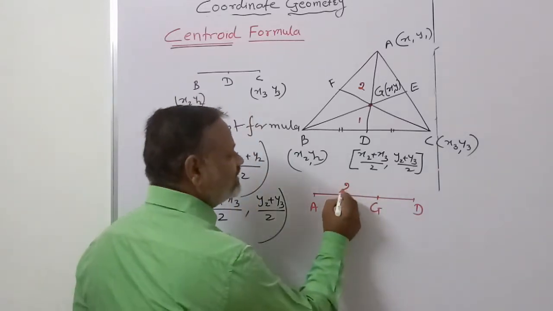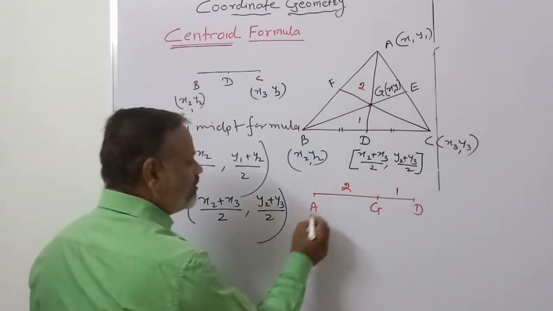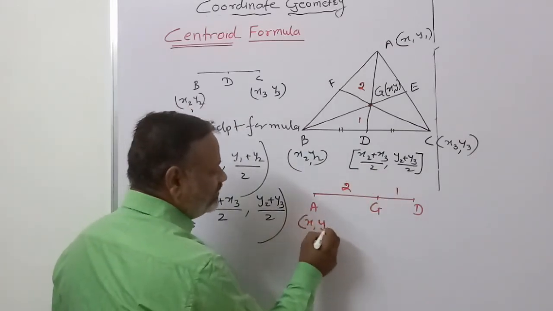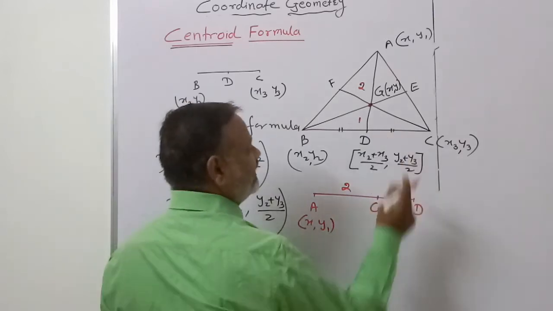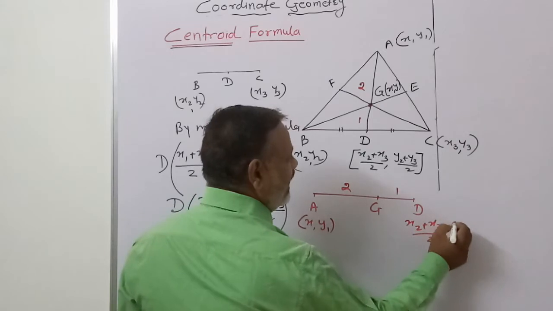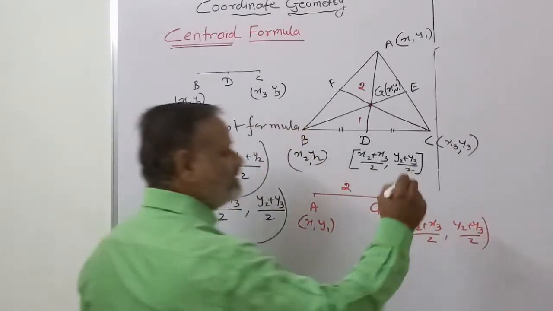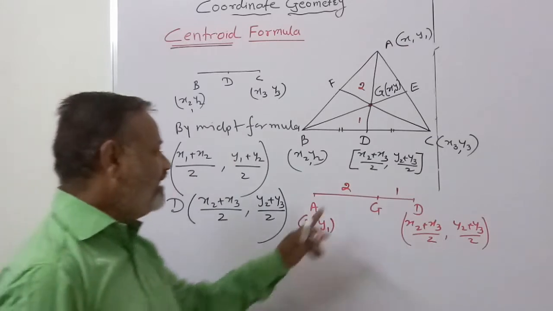So this part is nothing but 2 and this part is considered as 1. What is the coordinate of A? That is x1, y1. What is the coordinate of D? x2 plus x3 upon 2 and y2 plus y3 upon 2. Okay, these are the coordinates of A and D.